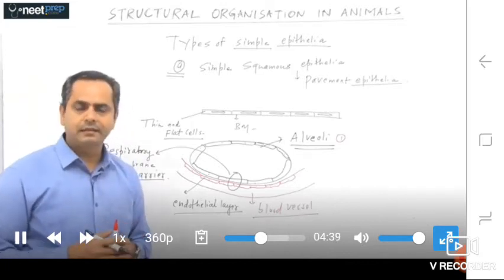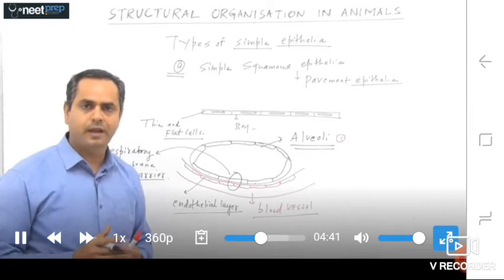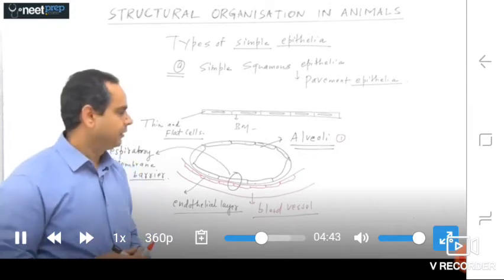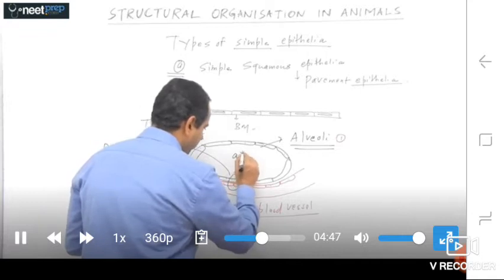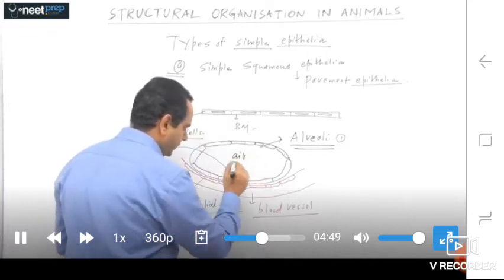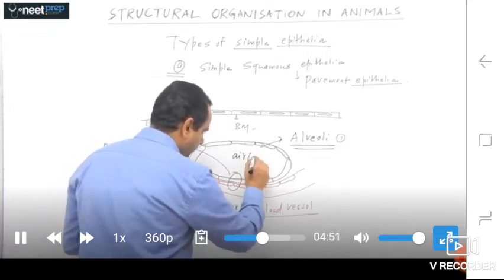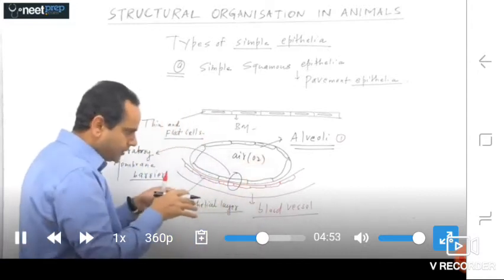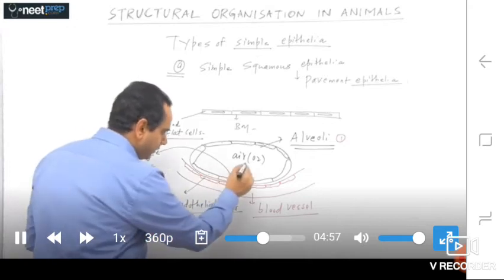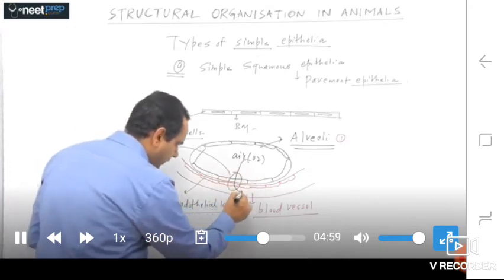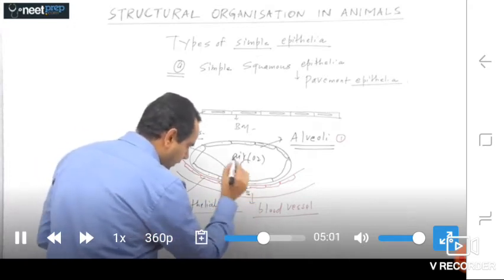Gaseous exchange takes place across this respiratory membrane barrier. Suppose this is air, and this air contains oxygen. This oxygen has to cross this membrane, it needs to cross both these layers to reach the part of the blood vessel.